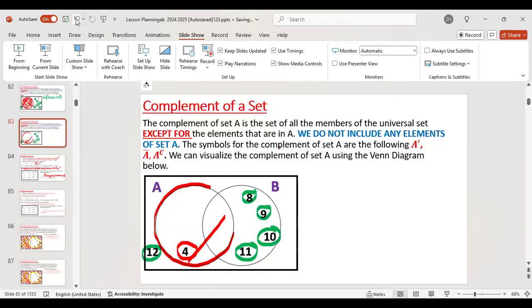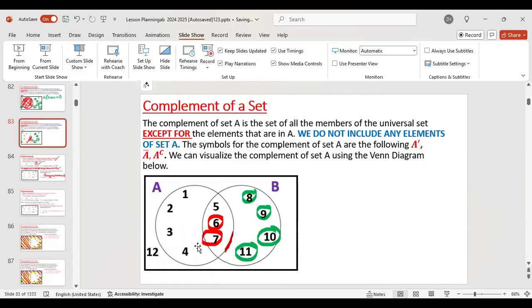Okay, let's bring that back. Okay, good. So let's move all the red stuff. So now this time we want to figure out what is the complement of B. The complement of B. So it's going to be the opposite of this.